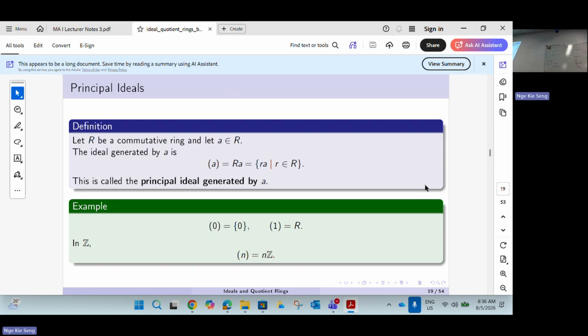A commutative ring is... Why don't they define principal ideals from the start?